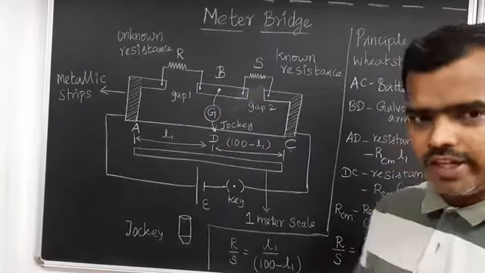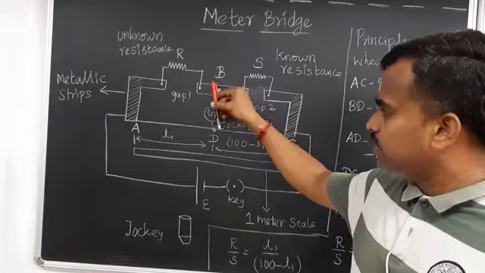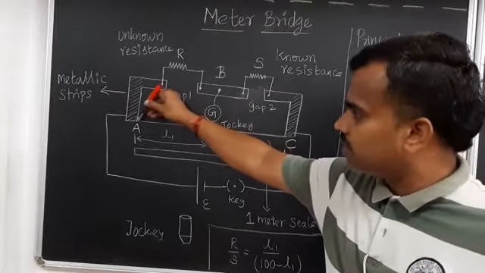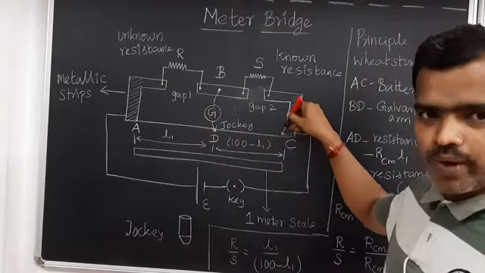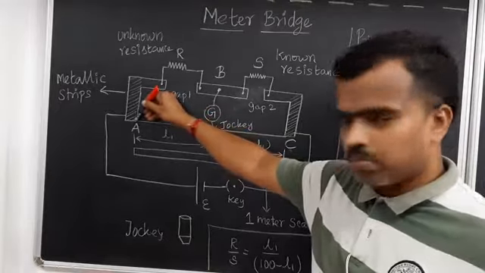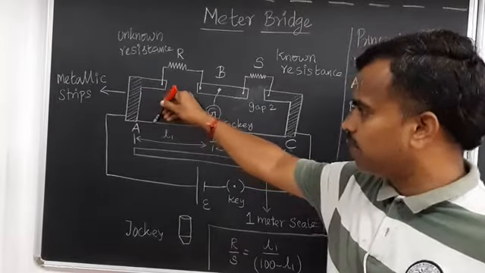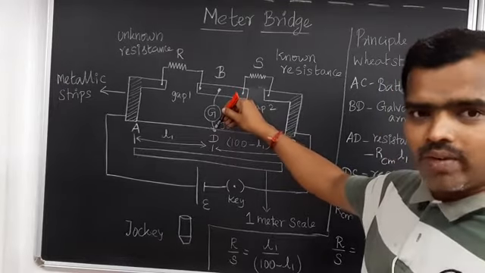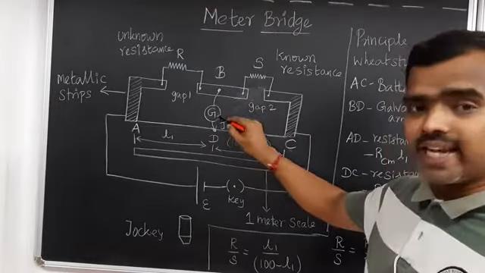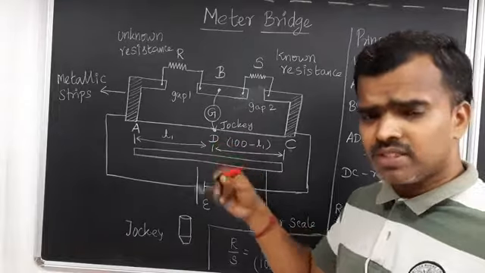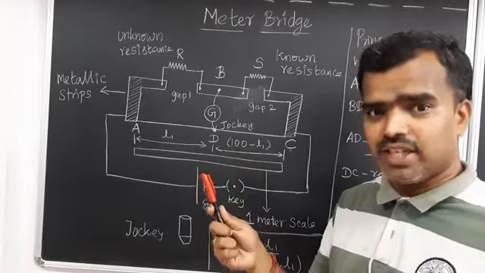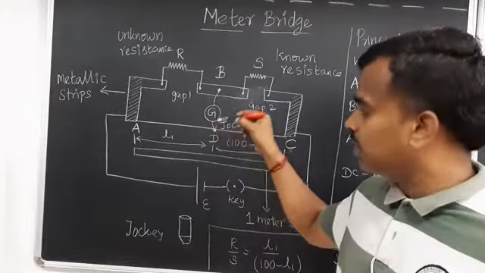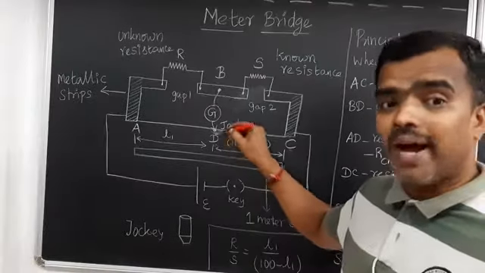I move this jockey from this end to this end. Initially I start from point A, and now I am slowly moving. At this point D, the current flow in the galvanometer becomes 0, which means no deflection takes place. So this point is called the balanced point.